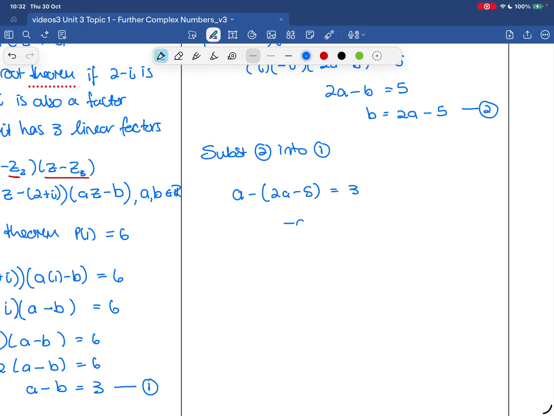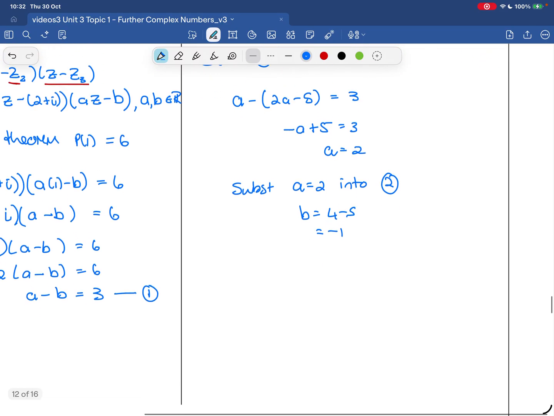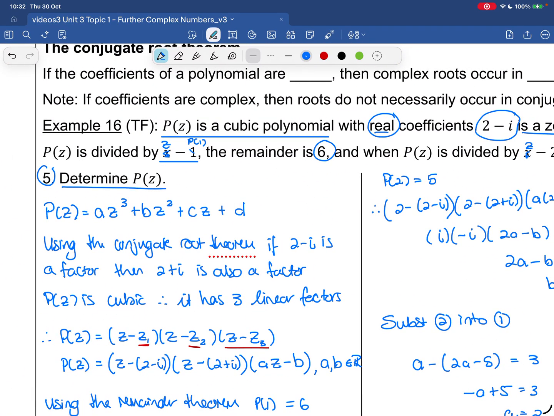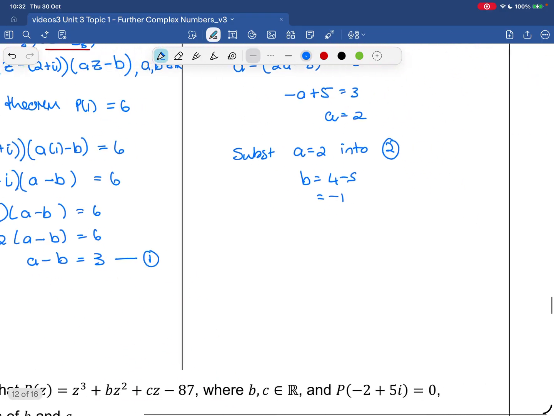So negative A plus 5 is 3, and so A will be equal to 2. And I'm going to substitute A equals 2 into 2 so that B is 4 minus 5, which is negative 1. Okay, now they've asked me to determine the polynomial, not to find the values of A and B.